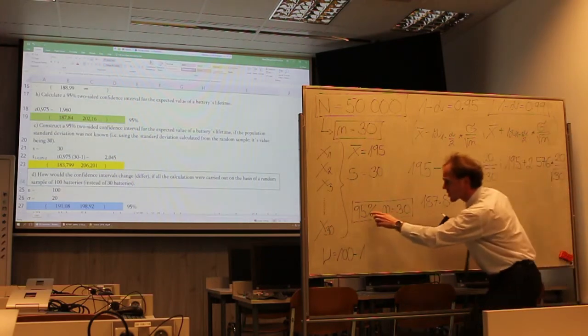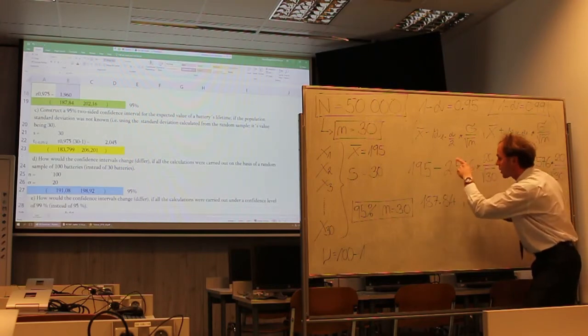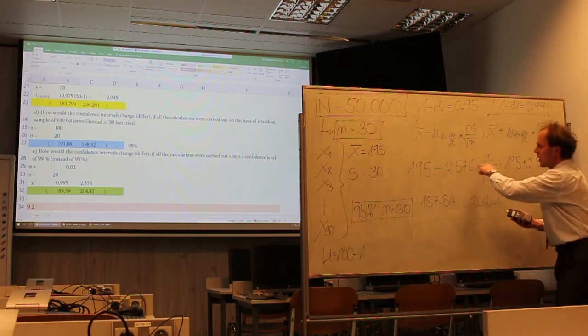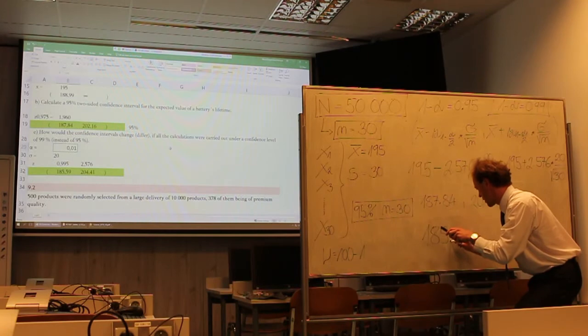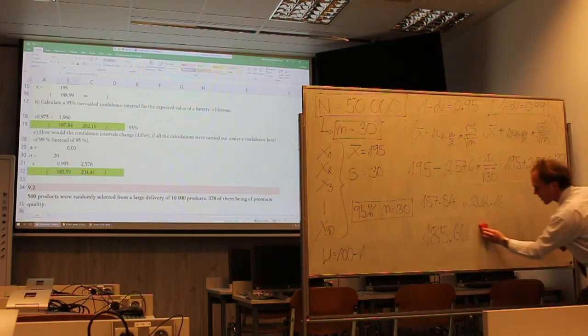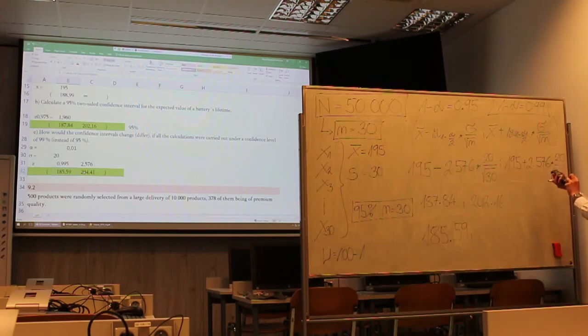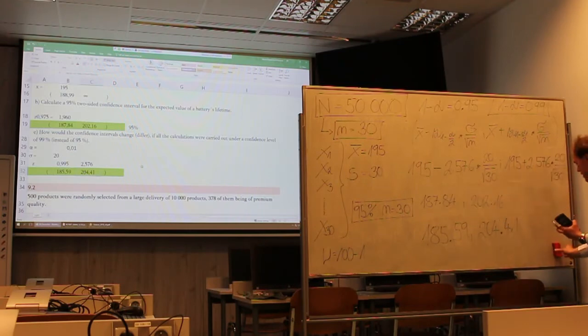The original quantile, if we use the 95% confidence level, was 1.96, and there is a larger value now. So it is the mean minus a larger value than before. 195 minus this gives the left side, 185.59 days. And the right side is 20 divided by square root of 30 times 2.576, again a larger number than before, plus the mean 195, which gives 204.41 days.